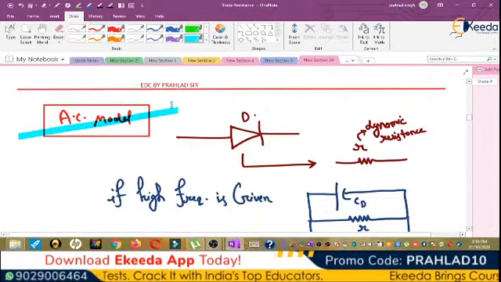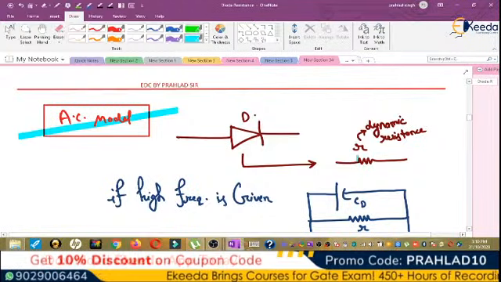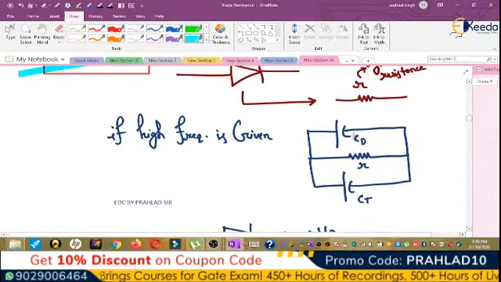What is the AC model here? According to the AC model, the diode is replaced by the dynamic resistance r. If high frequency is given, then diffusion and transition capacitance also appear here along with the dynamic resistance r.